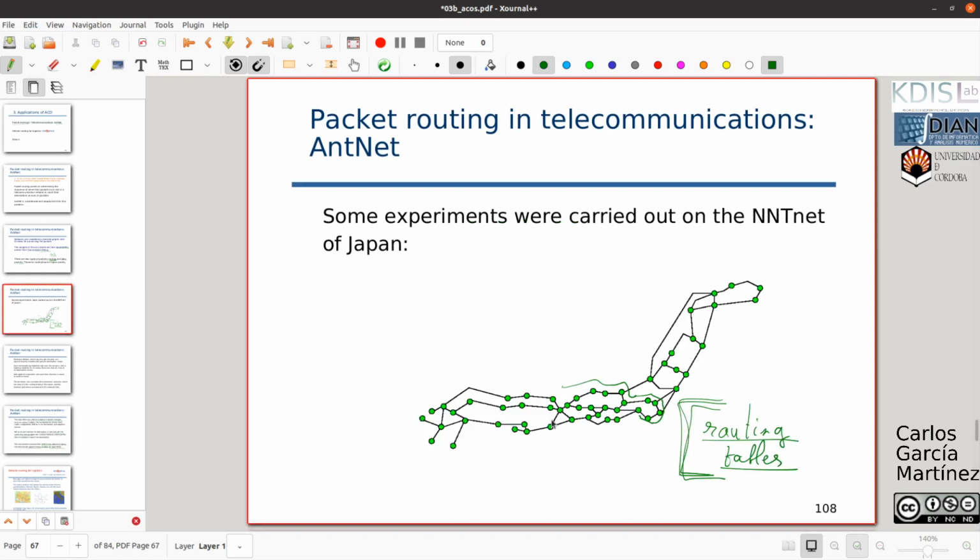If this is the computer that has been shut down, then in order to reach this destination, you have to follow another path. So ants can notice these changes in the computer network and can update the routing tables automatically to make the whole network still work.